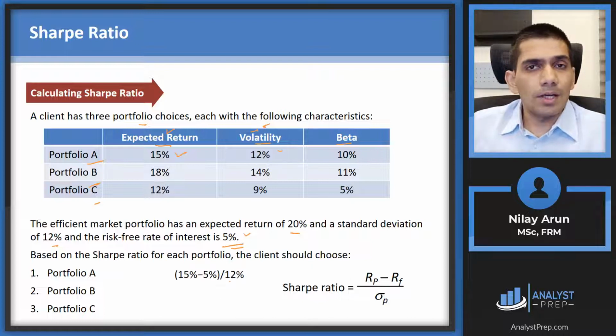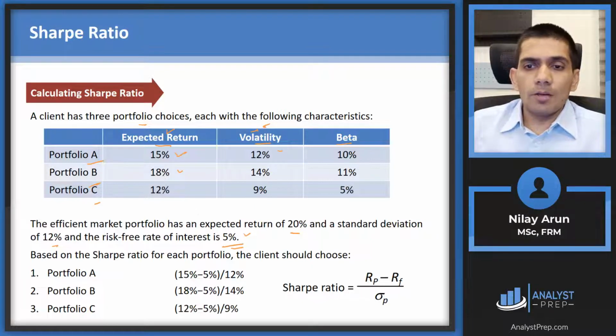So 15 minus 5 divided by 12, that's for portfolio A. Similarly, for portfolio B, it becomes 18 minus 5 divided by your standard deviation, which is 14. And for the third portfolio, we will do 12 minus 5 divided by 9%. So all you need to do is compute all of these 3 figures and select the highest one.